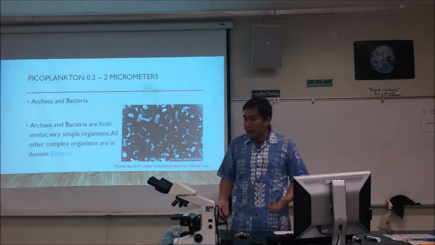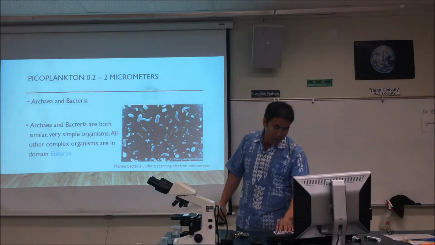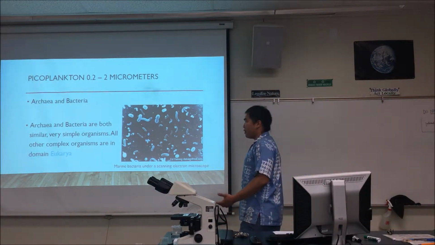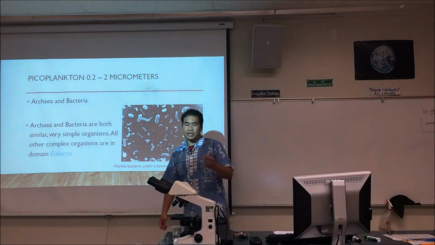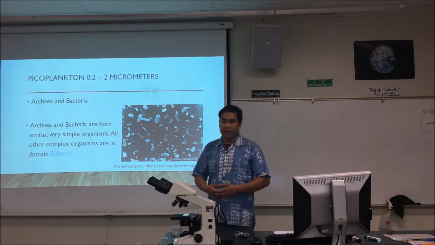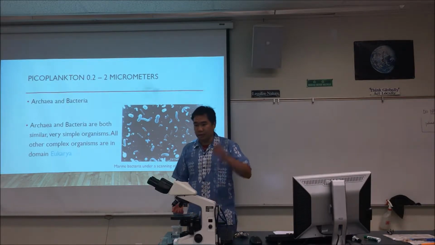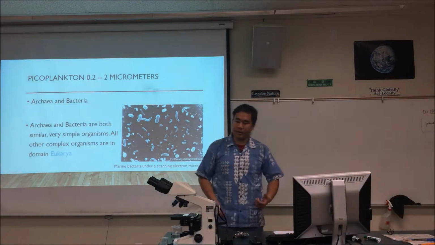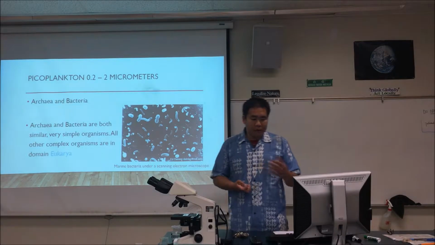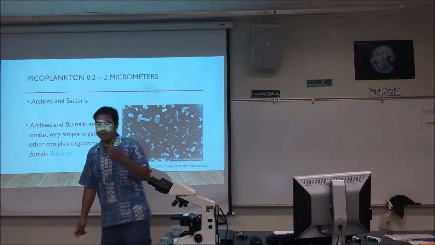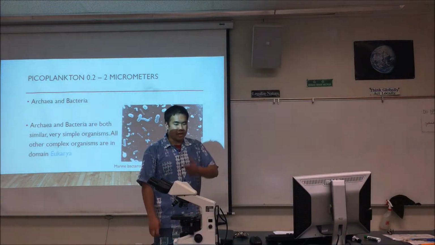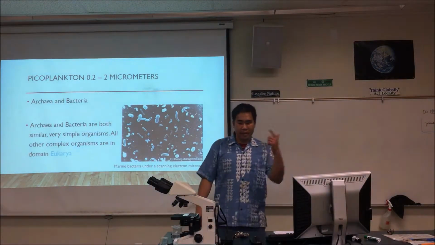The more complicated, the bigger. So you can probably imagine that when we go next level up to nanoplankton, we'll be seeing some eukaryotes. As we go up every time, it's 10 times bigger. So if we see some eukaryotes, let's predict. What types of eukaryotes do you guys expect to see? Do you expect to see an animal? Do you expect to see a plant? What do you guys think?